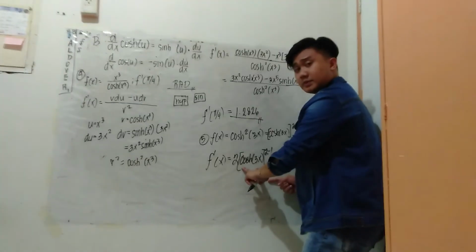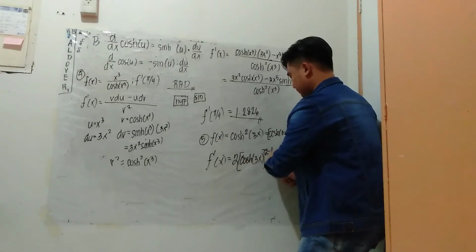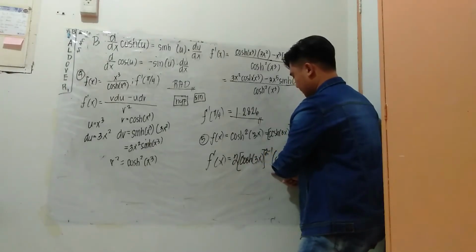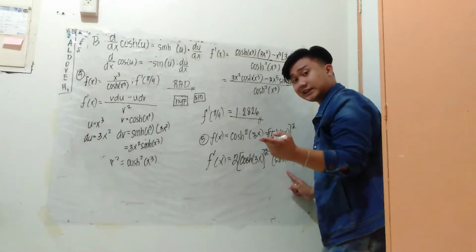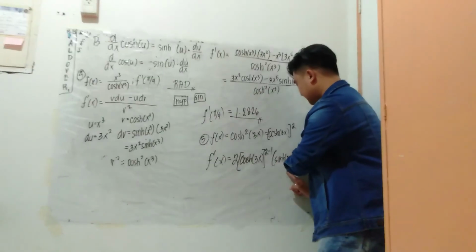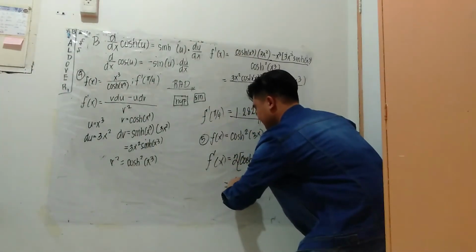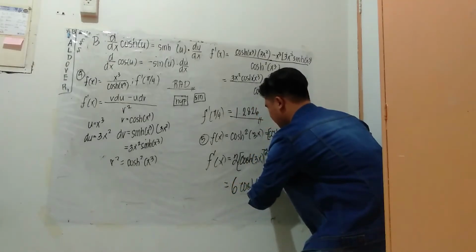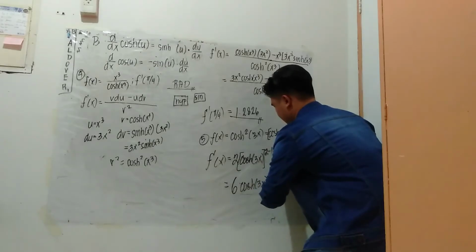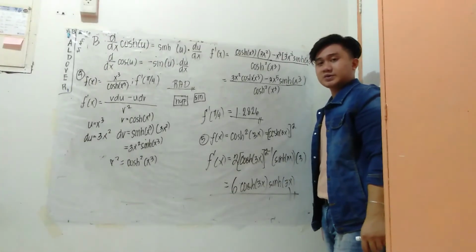Differentiate mo yung loob. What's the derivative of cosh? sinh. Then, don't stop kasi hindi mo pa na-derivative yung angle, which is 3x. Derivative is 3. Arrange ko lang, 3 times 2, 6. So, 6 cosh 3x sinh 3x. And, yan yung dalawang example natin para sa hyperbolic cosine.